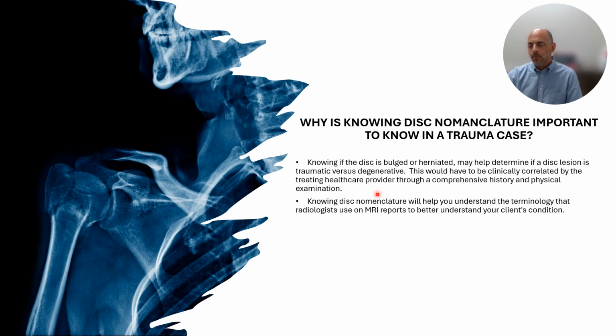So why is it important to know disc nomenclature in your trauma cases? Knowing if a disc is bulged or herniated may help determine if a disc lesion is traumatic versus degenerative. This would have to be clinically correlated by the treating healthcare provider through a comprehensive history and physical examination. And knowing disc nomenclature will help you understand the terminology that radiologists use on MRI reports to better understand your client's condition.